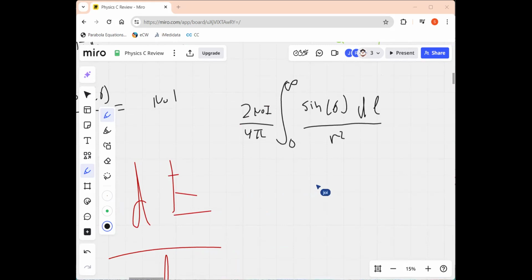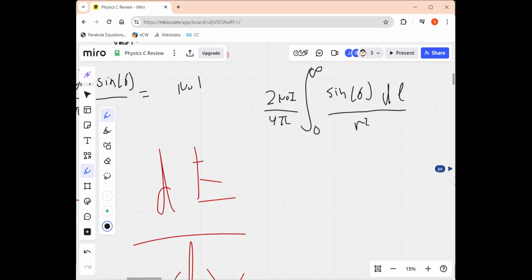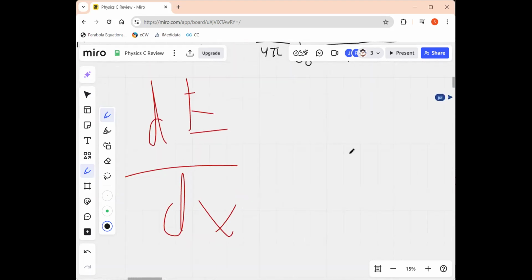And so that's equal to, and sine theta is equal to a over r, so we're still gonna get the same thing.